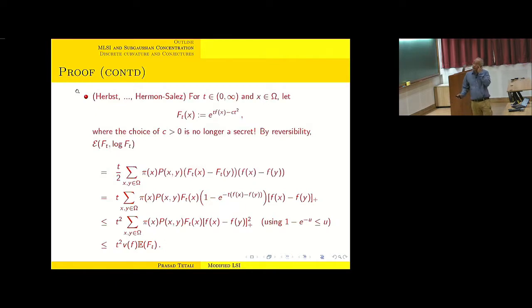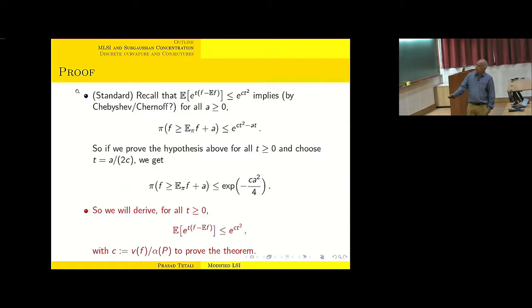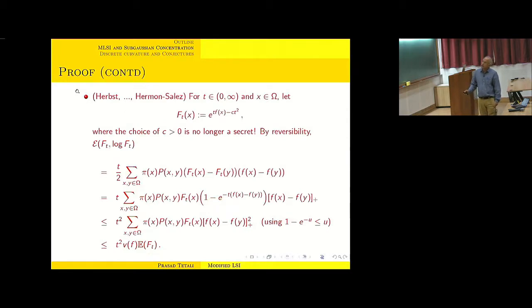So you start with this. Basically taking the right-hand side to the left-hand side, e to the c t squared, look at F t of x, where C, as I said, is no longer secret because that was the term that had these things: alpha, modified log Sobolev, and the quadratic variation bound. Yeah, so one slide is to write the Dirichlet form and use the hypothesis to bring in this new effect.